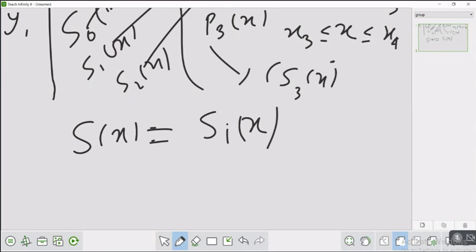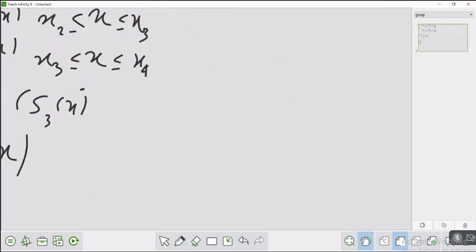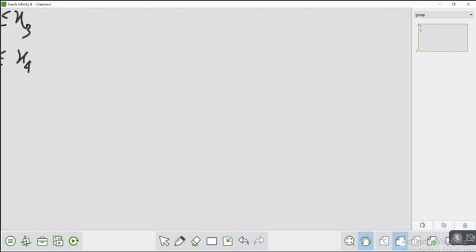Okay, so this was all for linear splines. Now we are moving to quadratic splines. Does anyone have any doubt regarding linear splines? Okay, I'm assuming that you do not have any doubt.